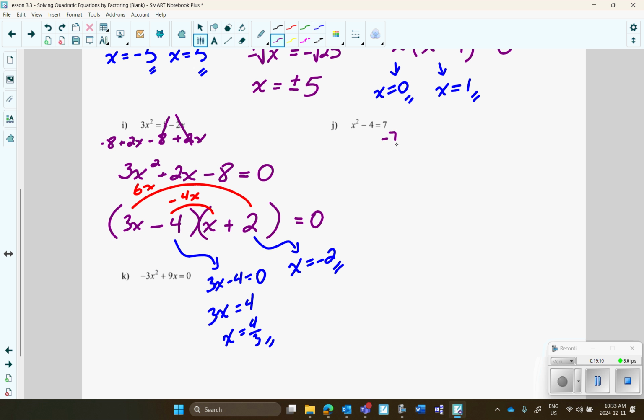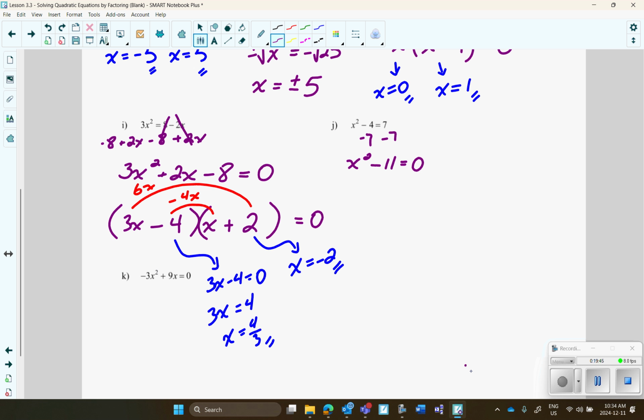So we're going to subtract 7 from both sides. Say the last part. Plus minus.